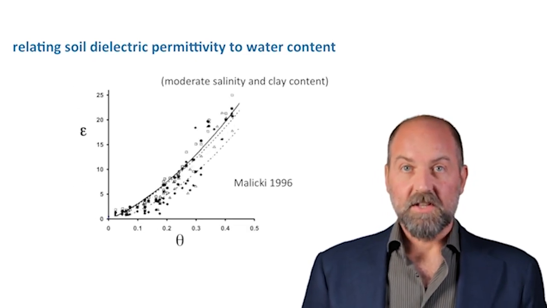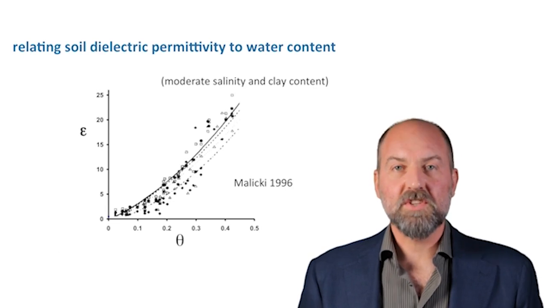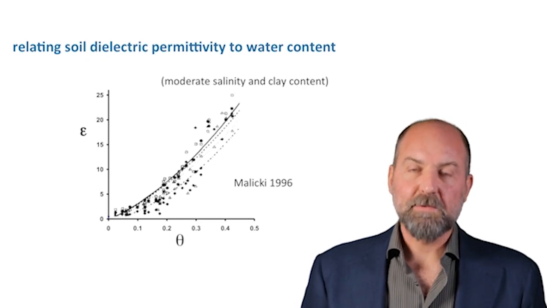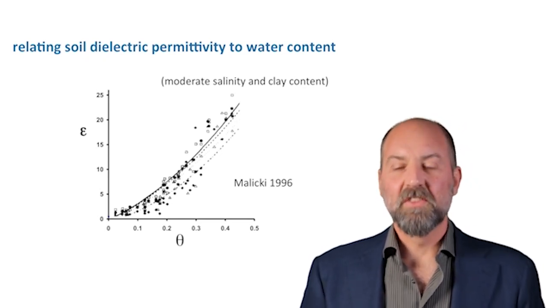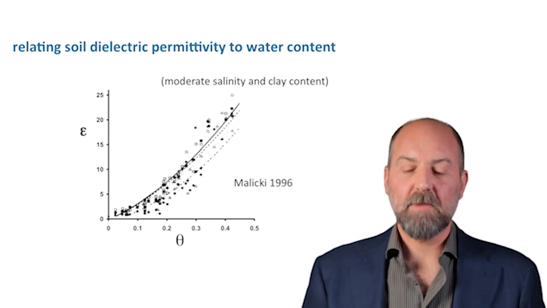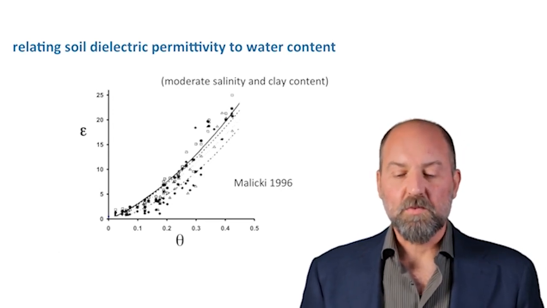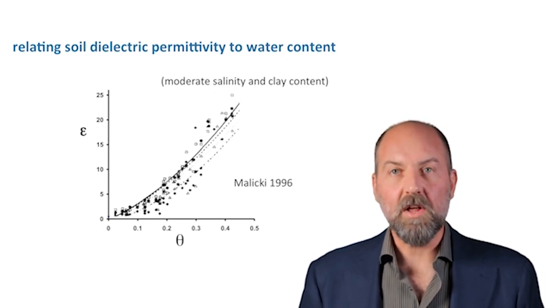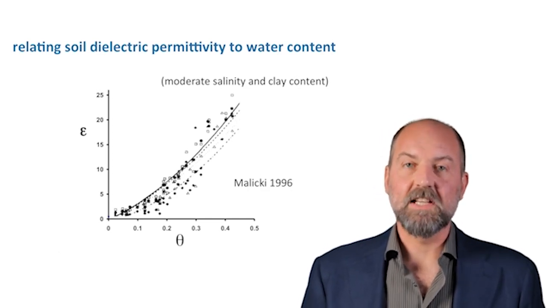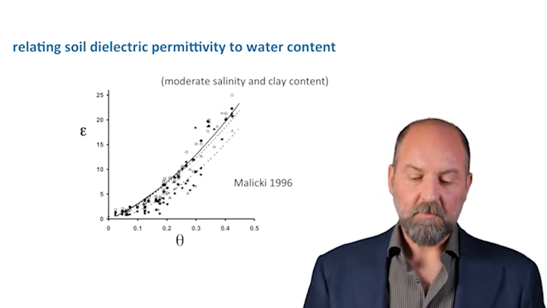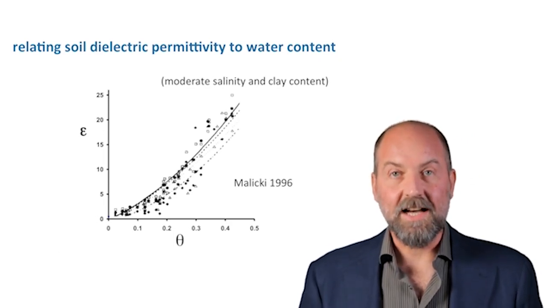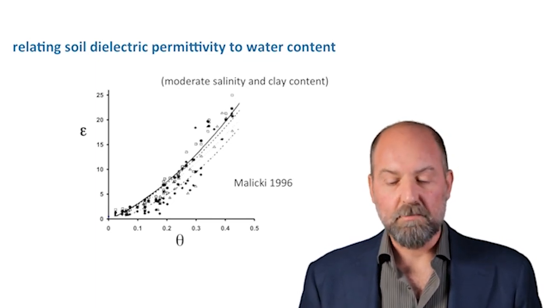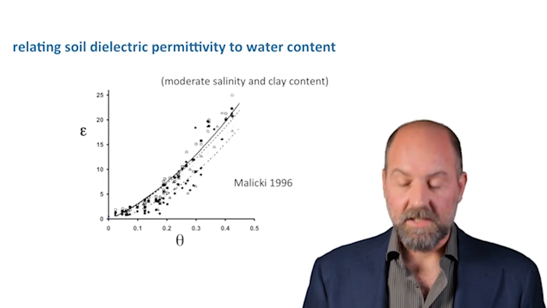Well, the dreams for a universal calibration function between permittivity and water content were perhaps broken a few years later when Dr. Maliki in 1996 published his data, which were obtained with different kinds of soils and with moderate to high values of salinities as well as clay content. Here we see a much larger scatter, and that indicates that a universal relationship between the two quantities is unlikely.